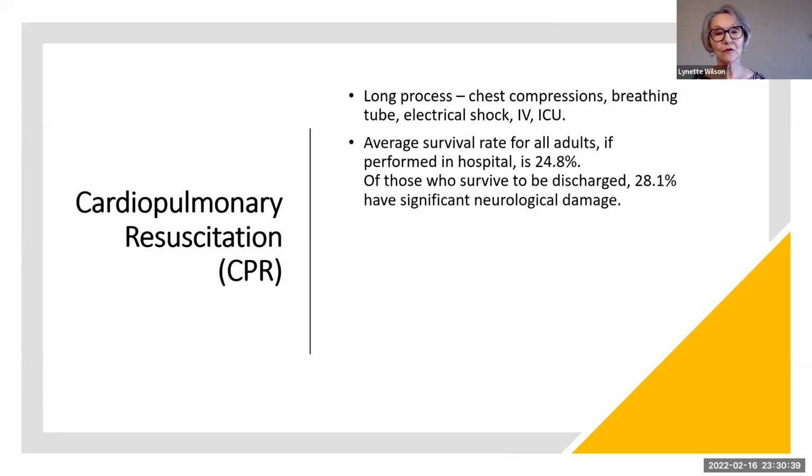The average survival rate for all adults, if CPR is performed in the hospital, is a little less than 25%. So that means that 75% of adults that it's performed on in the hospital do not survive CPR.